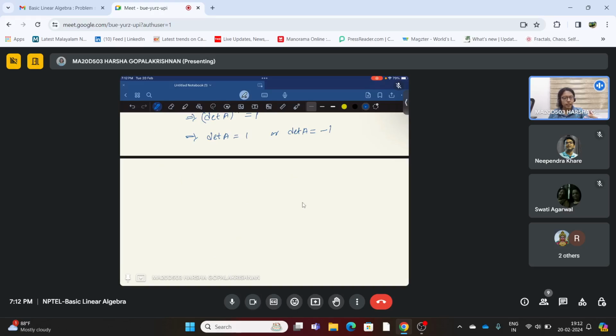Anyhow, for identity, we cannot do anything because it has determinant 1. So just some modification to identity will give a counter example actually. Okay. What about 0, 1, 1, 0?